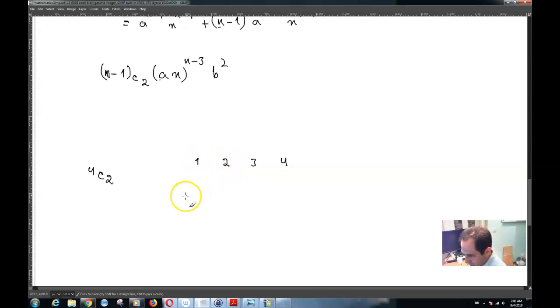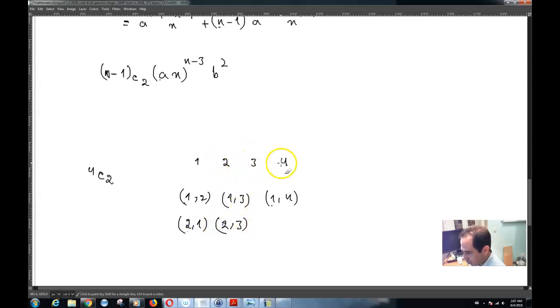So first I can take 1 and 2. Second, I can take 1 and 3. Third, I can take 1 and 4, right? Then I can come back over here and say that now I can take 2 and 1. Then I can take 2 and 3.